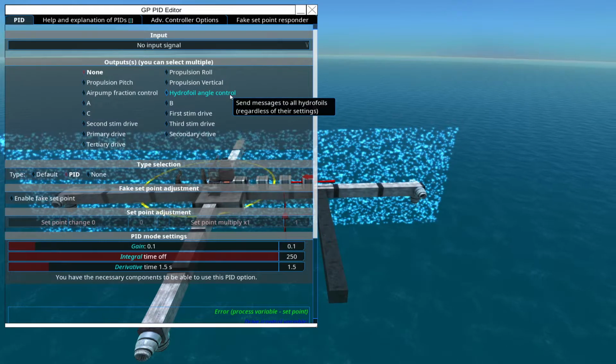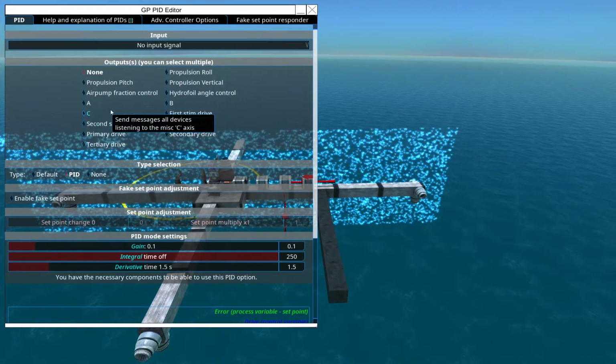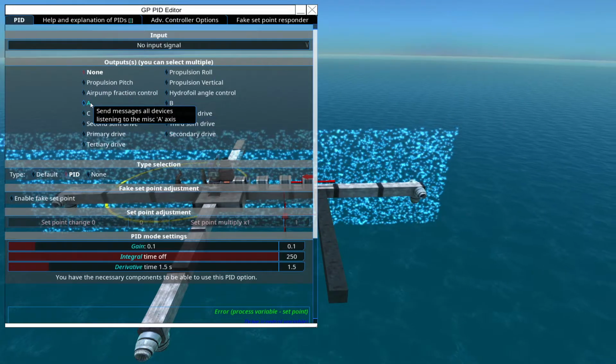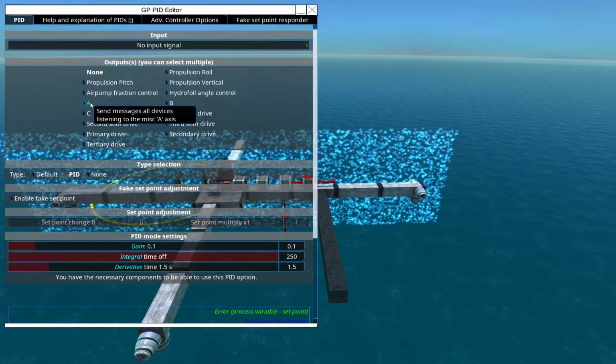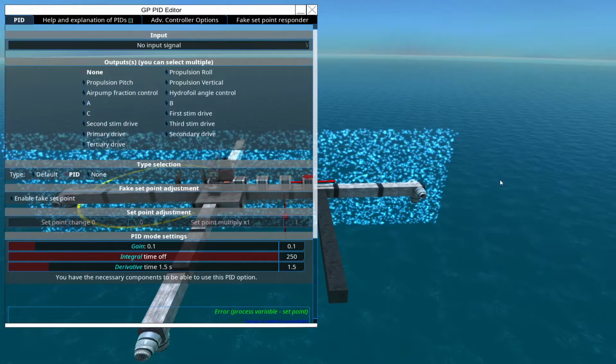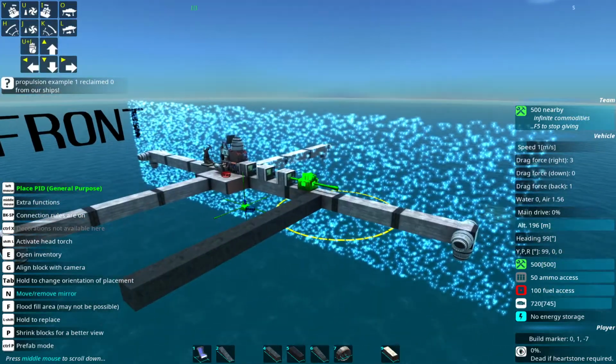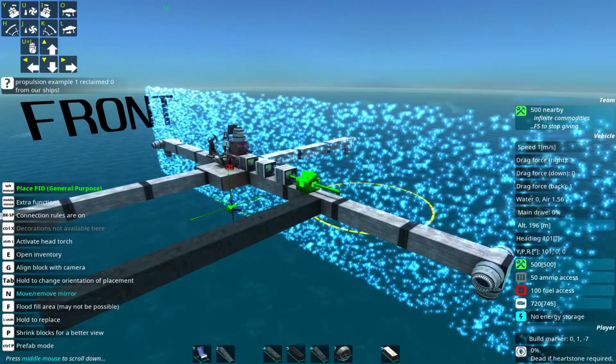I think there isn't even a propulsion yaw, so yeah, sorry for that. Interesting. So you have to use AI PIDs for that, but that's in the next tutorial.